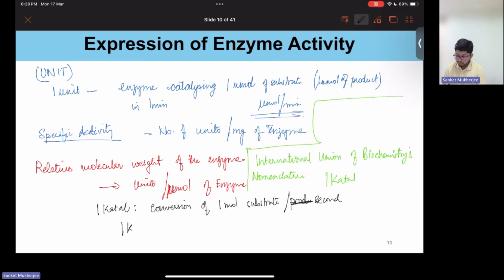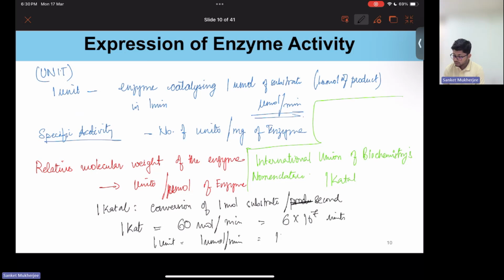So 1 katal, presented as kat, is equal to 60 moles per minute. That is approximately 6 into 10 to the power 7 units. And 1 unit is 1 micromole per minute.